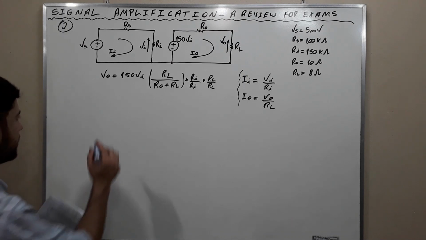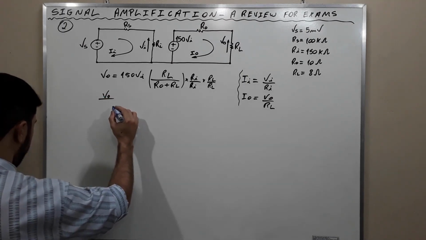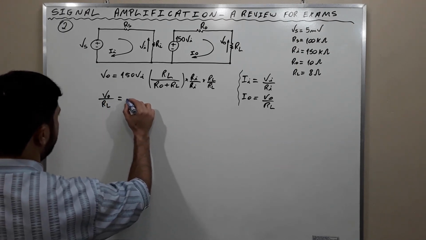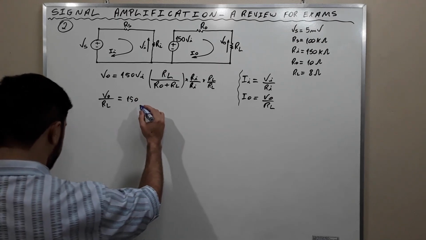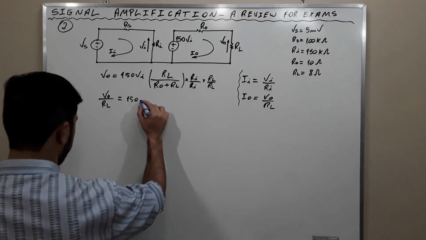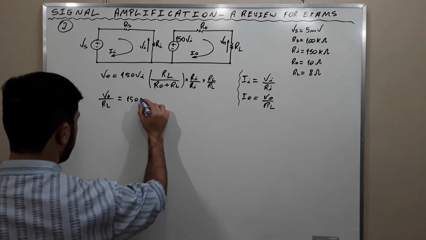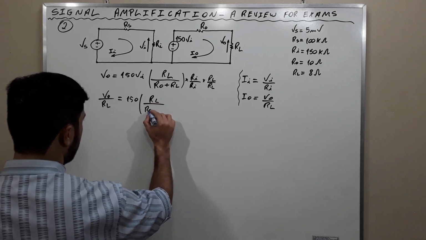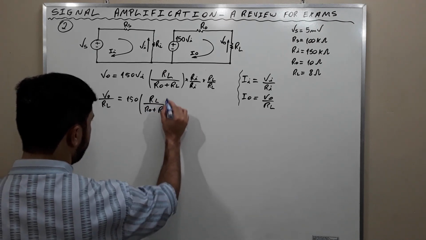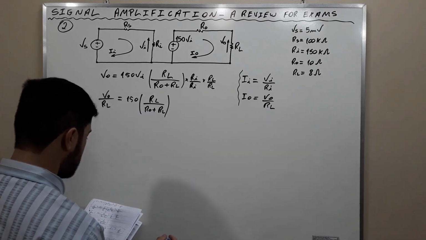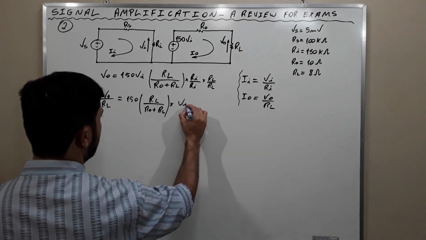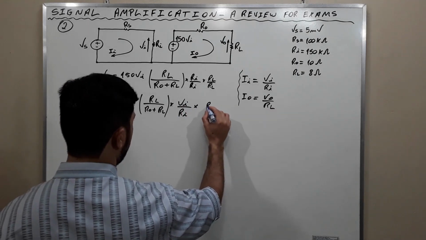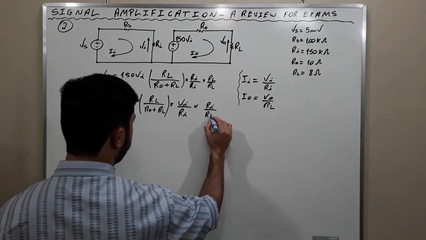And the expression is going to become VO over RL equal to 150 times RL over RO plus RL, this multiplying VI divided by RI times RI over RL.